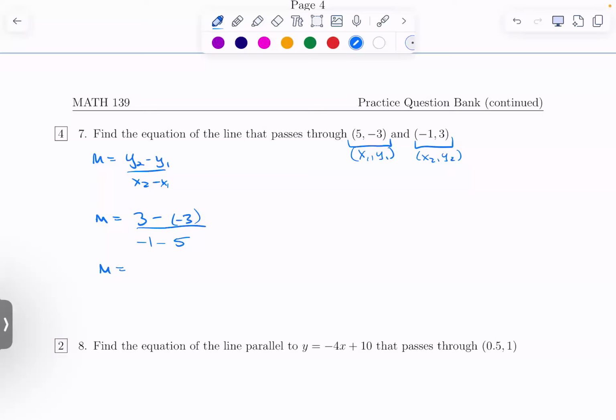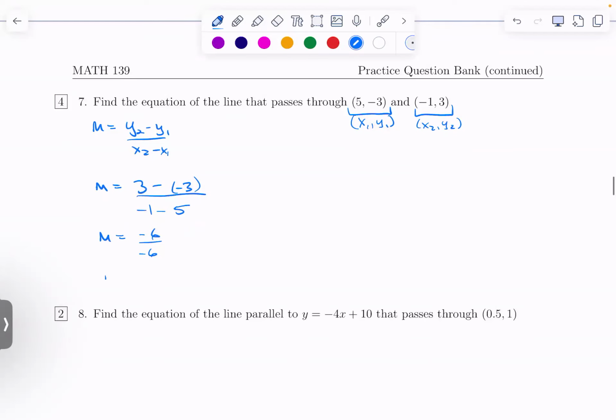Negative 6 divided by negative 6, score. Not quite the score, but still pretty good. Just a slope of -1. Okay, that's your first part.